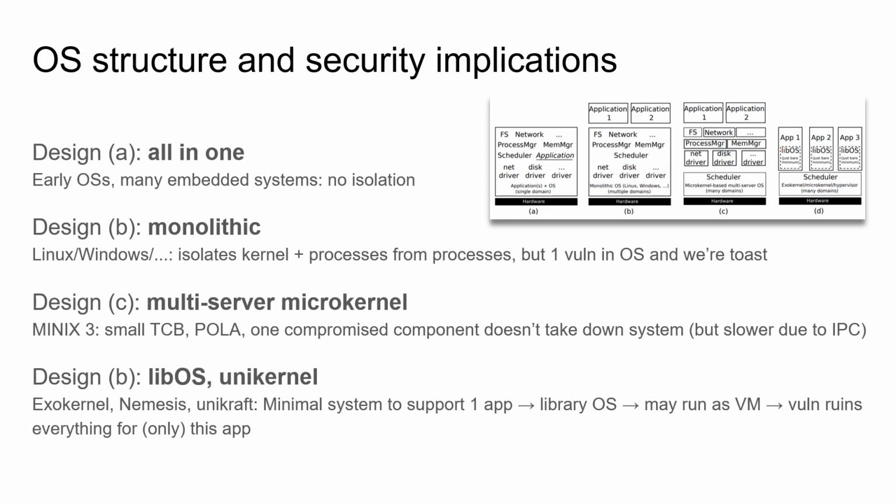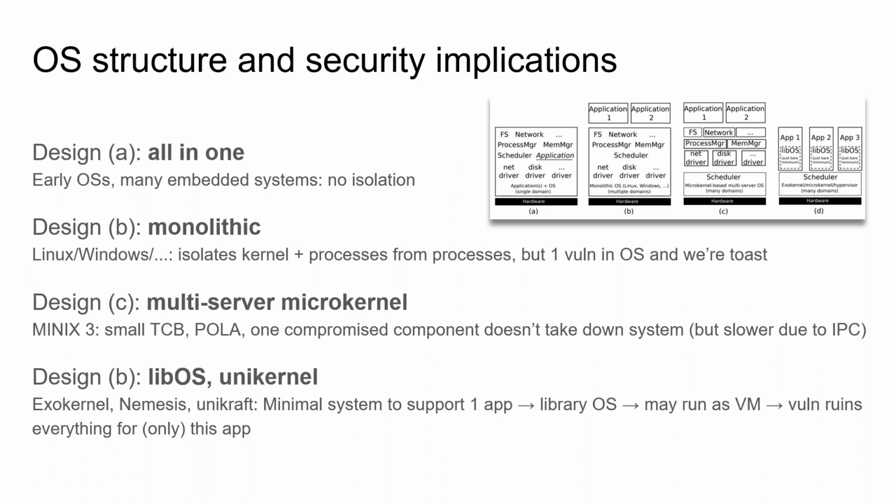Finally, in the picture on the right, we see that we have these library operating system applications, and this is also what is currently being used in so-called unikernels, where we have a minimal system to support a single application. Each of the applications may run on a hypervisor or so, as a single small kernel, but it's only a single application and supports very limited functionality.